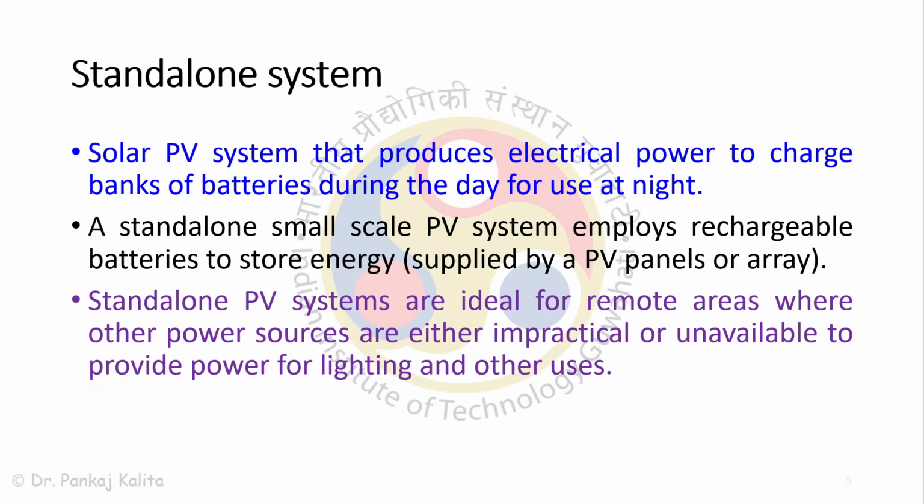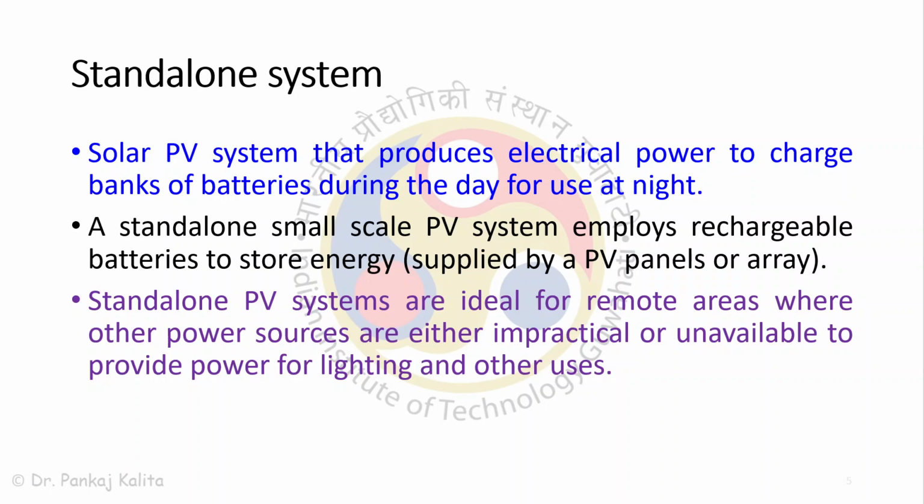In most houses, like in government sponsored schemes, these standalone PV systems are installed on the roof, and whatever electricity is produced is stored in battery banks. Then an inverter converts the batteries' DC supply to AC supply.